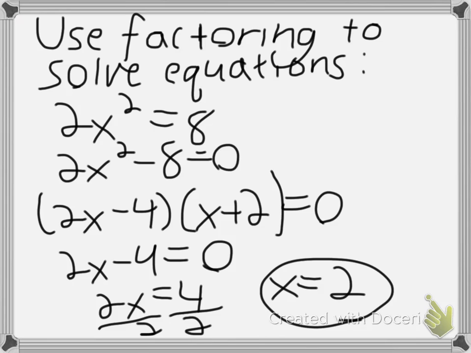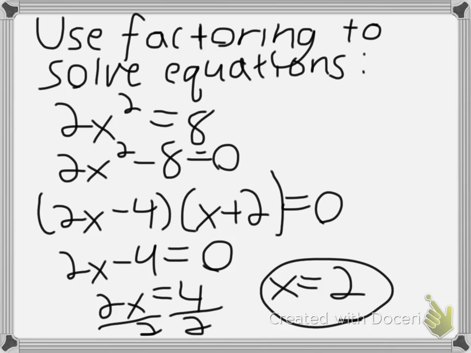To use factoring to solve equations, our problem is going to be 2x squared equals 8. Then you're going to want to get 0 on one side, so you got to subtract the 8. So it'll be 2x squared minus 8 equals 0.